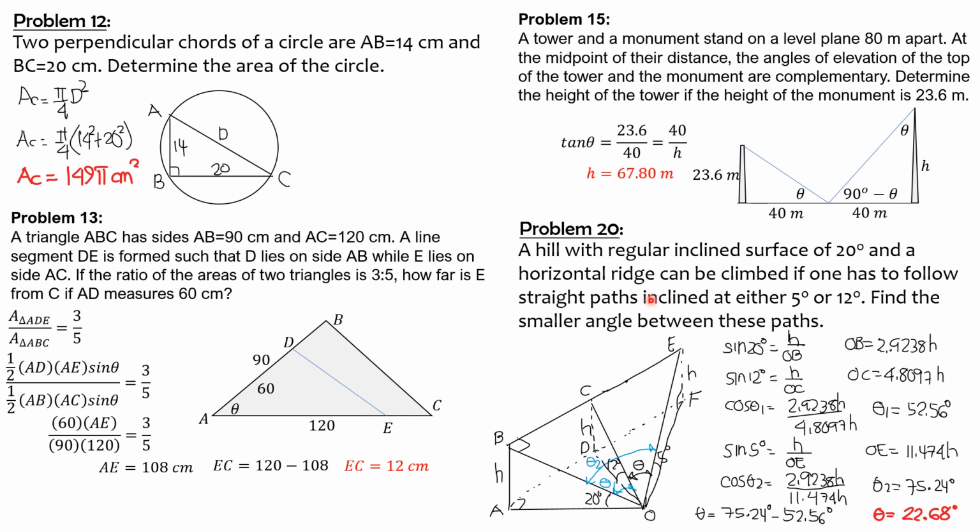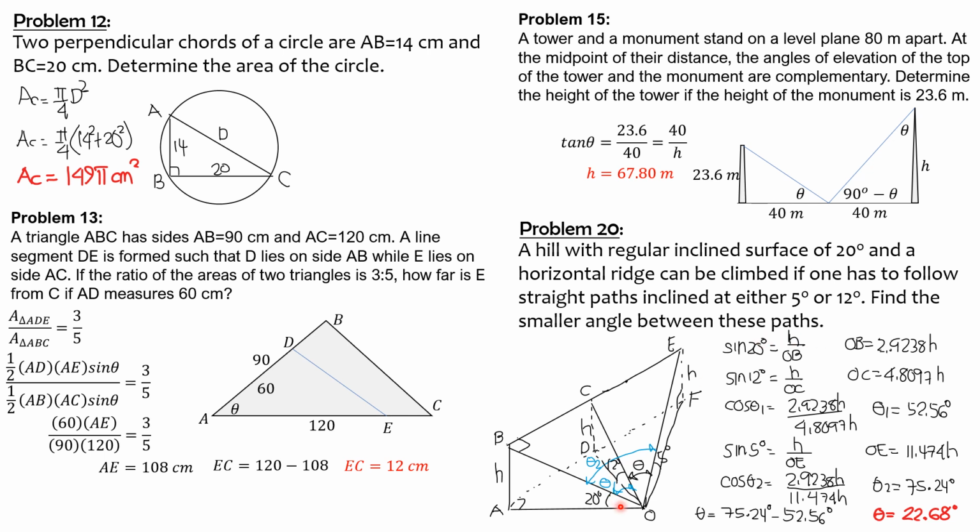This can be climbed if one has to follow straight paths, like the path of a ski, inclined at either 5 degrees or 12 degrees. So find the smaller angle between these paths.